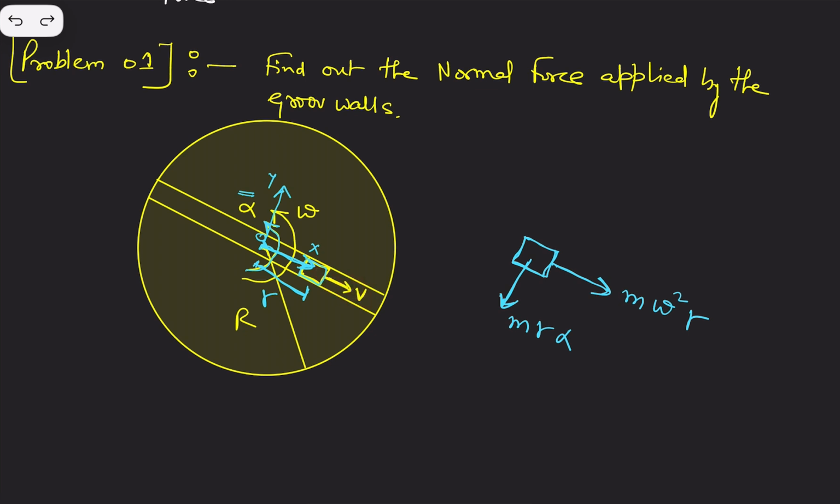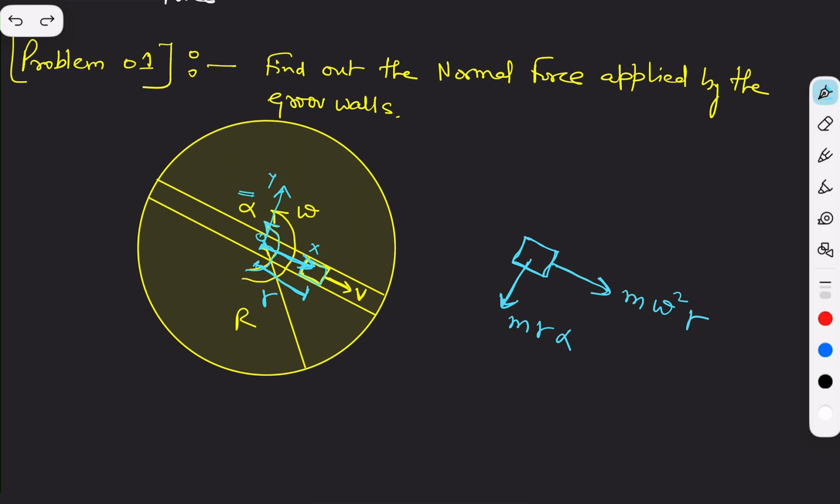So omega cross v rod, if you do, will come in this direction. So minus of omega cross v rod would be the direction of the Coriolis force. So the Coriolis force will be also in the same direction as Euler, and the magnitude will be 2m omega into v, which is v rod only in this case. Okay, so this will be our two forces.